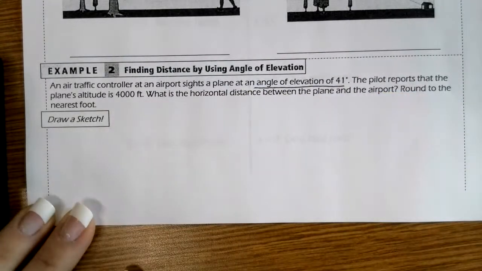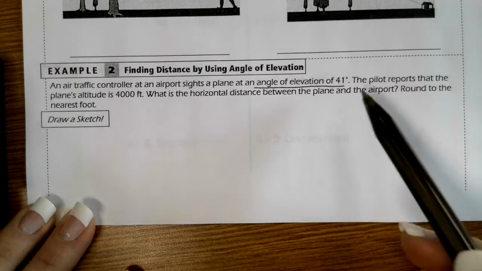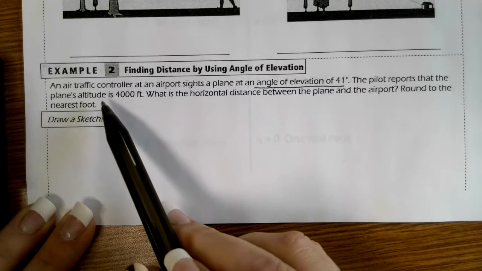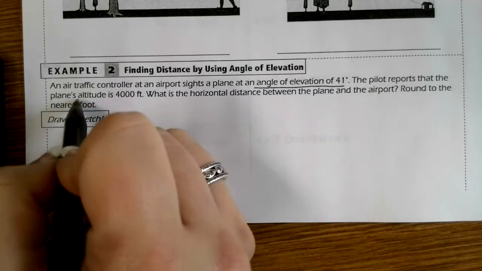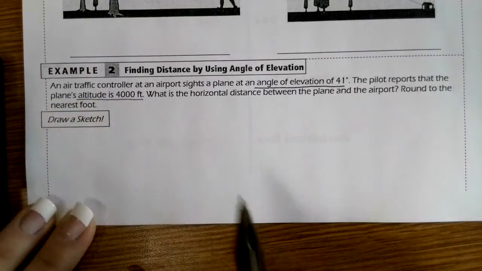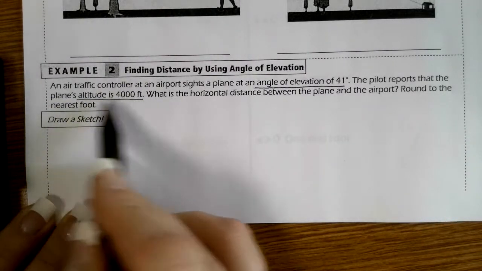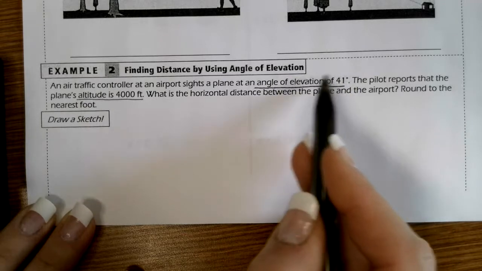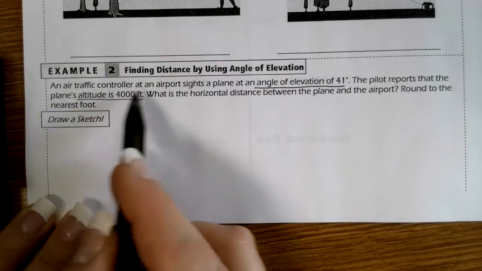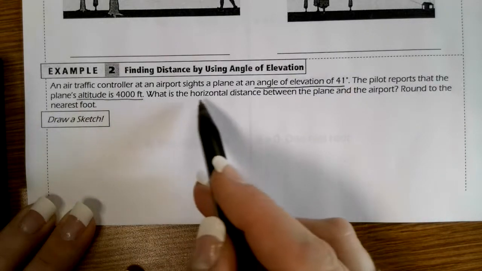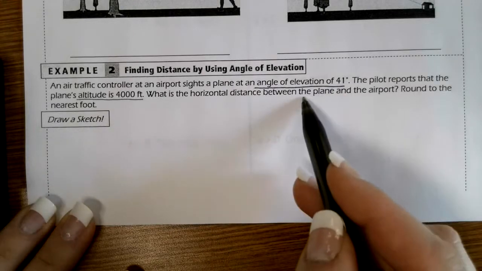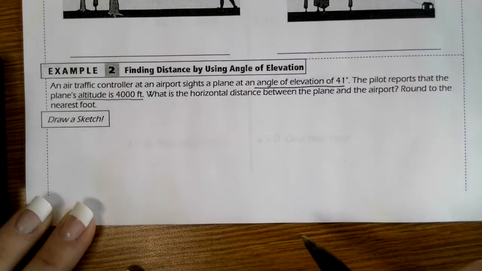So it's giving us an angle of elevation there at 41. So let's underline that. The pilot reports that the plane's altitude is 4,000 feet. Let's underline that piece of information as well. There's a number included with it, just like there's a number included with our angle of elevation, so it's going to be important. What is the horizontal distance between the plane and the airport?